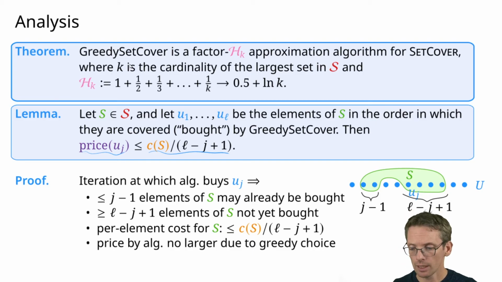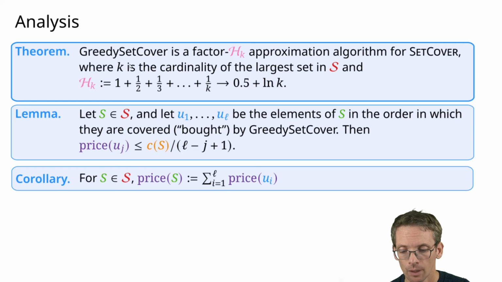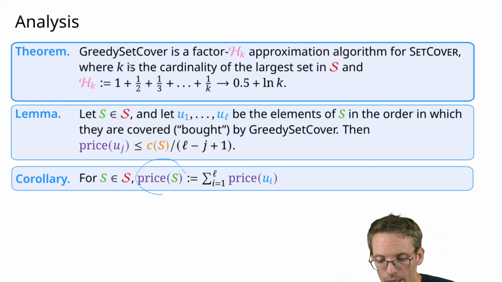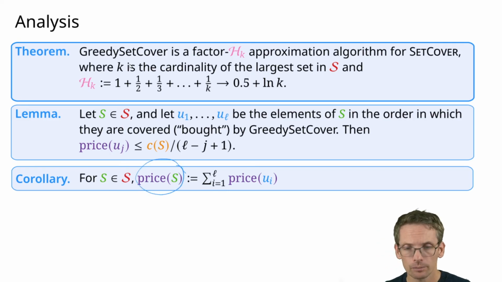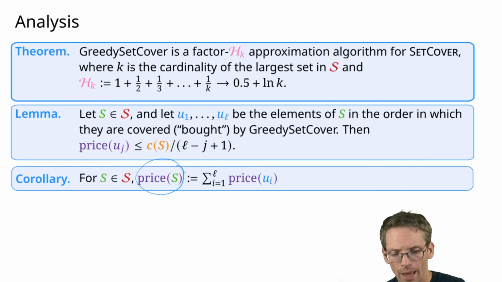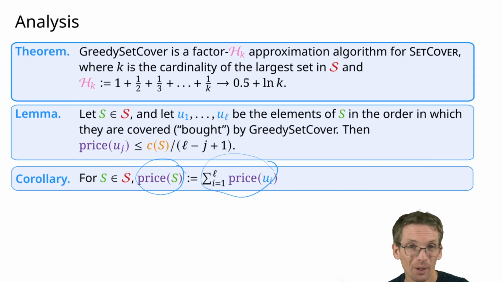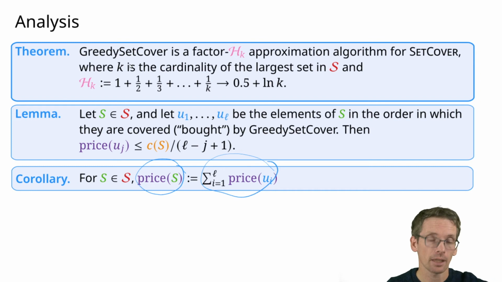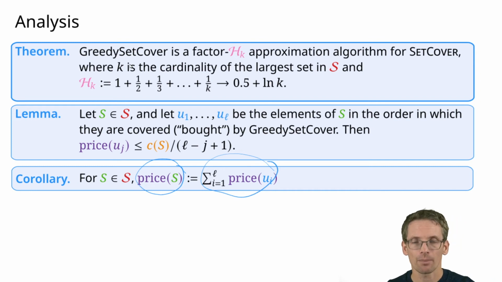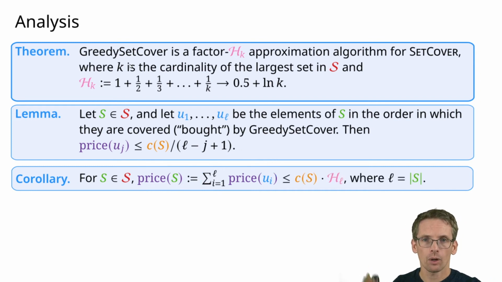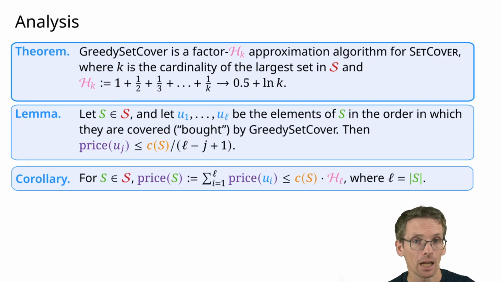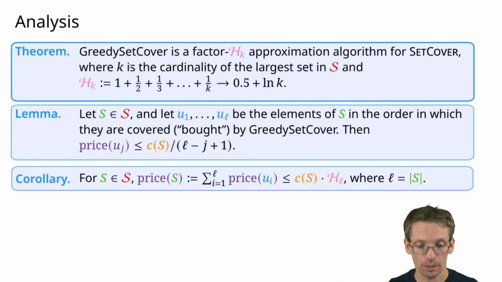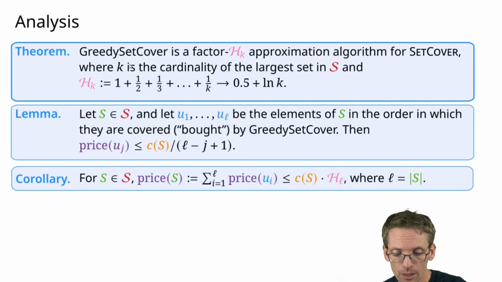From this lemma, we easily get the following corollary. If we define the price of a set in a set of sets as the sum of prices of the elements in that set, then we can bound this by the cost of the set times L's harmonic number, assuming that L is the size of the set S. And this follows immediately from the lemma.